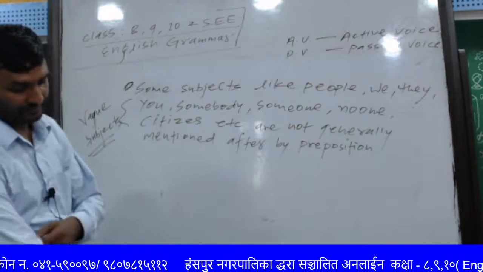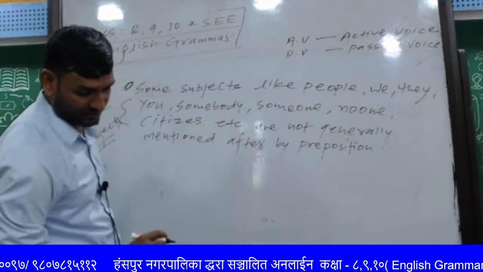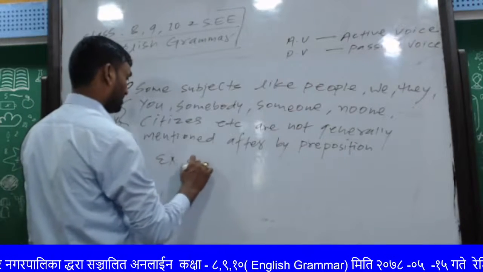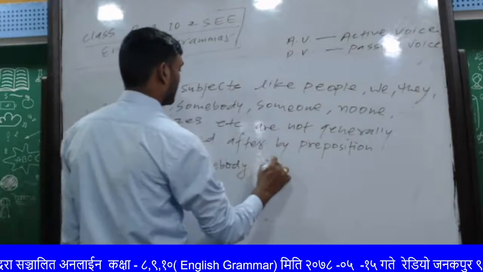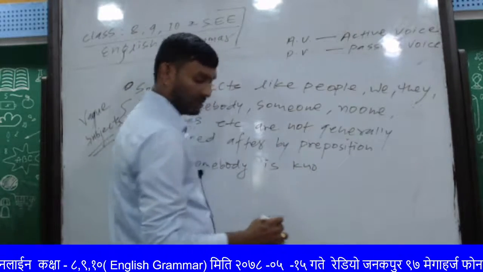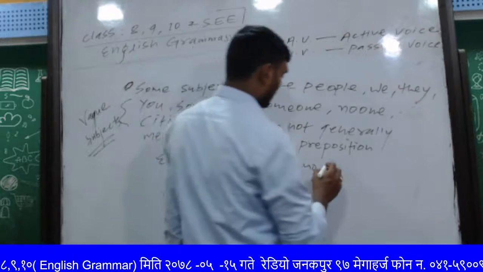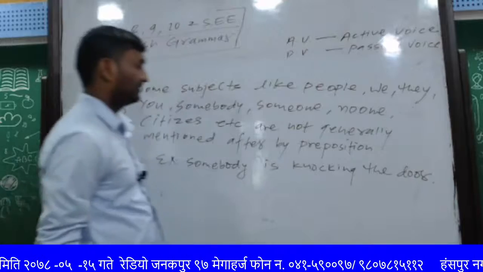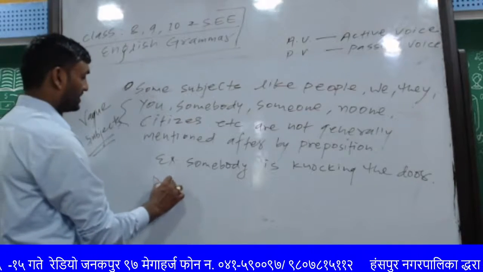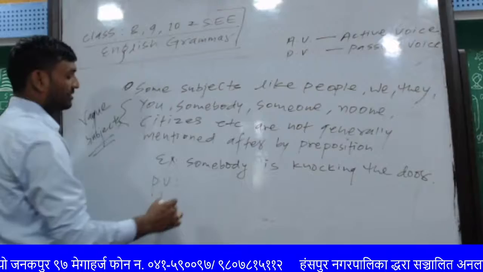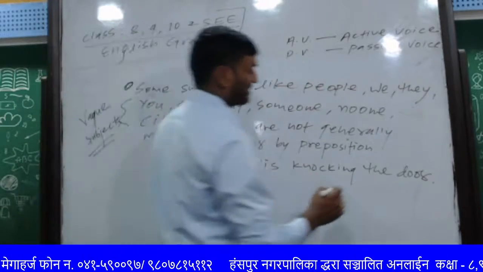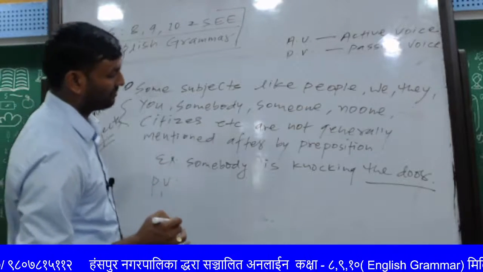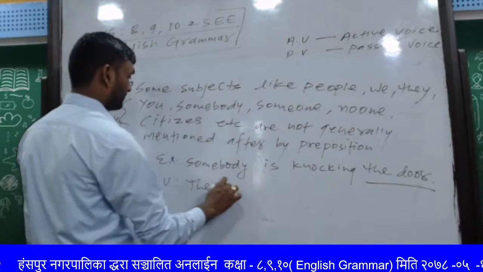For example, somebody is knocking the door. This is active voice, and when we change it into passive voice, the object comes first, at the beginning of the sentence. The door is the object here.